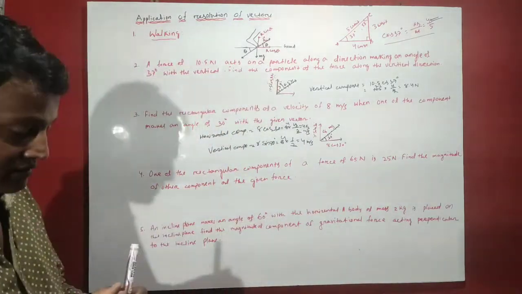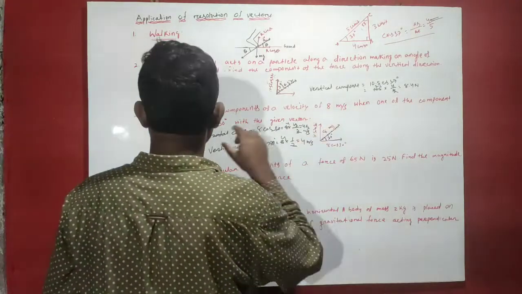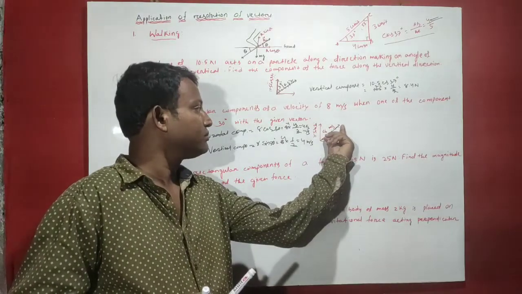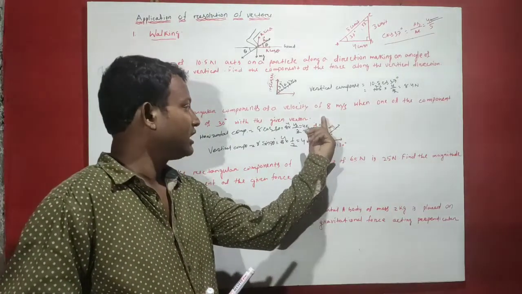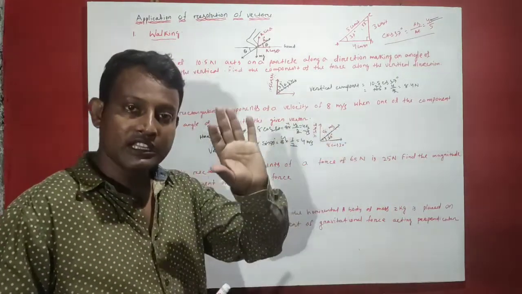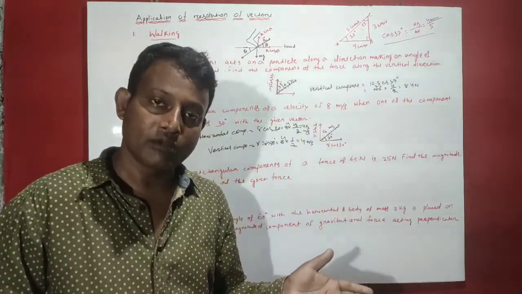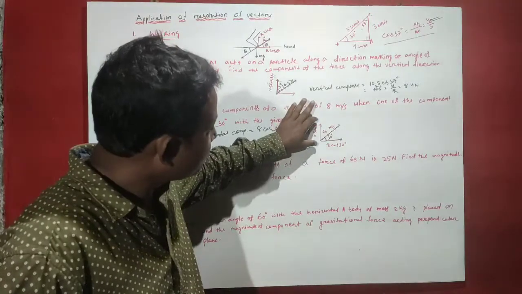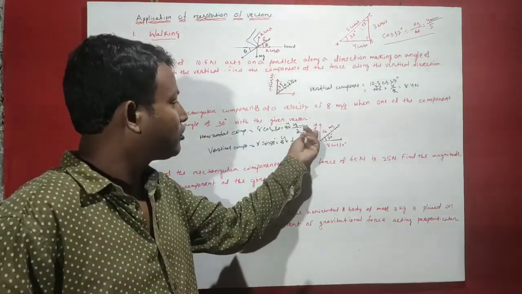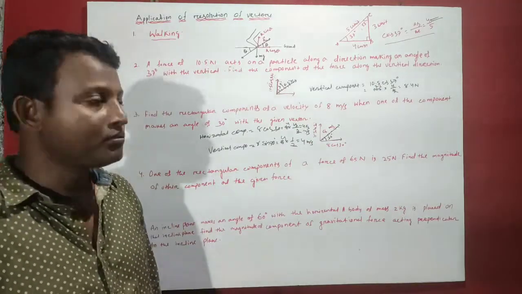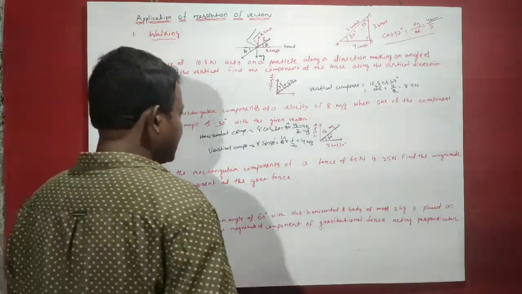That means when we resolve this vector 8 meter per second, it gives two rectangular perpendicular vectors whose magnitudes are 4 root 3 meter per second and 4 meter per second.